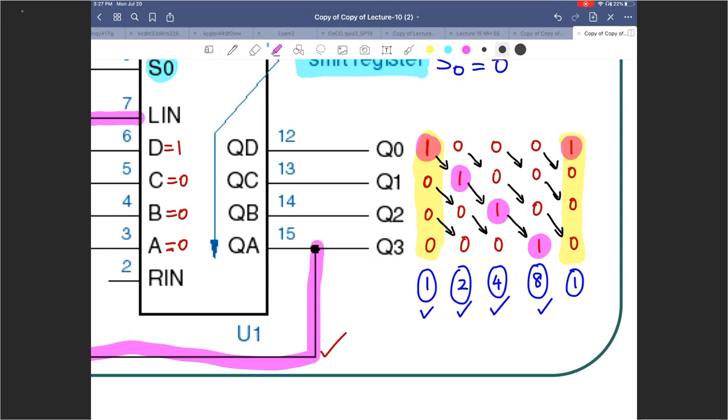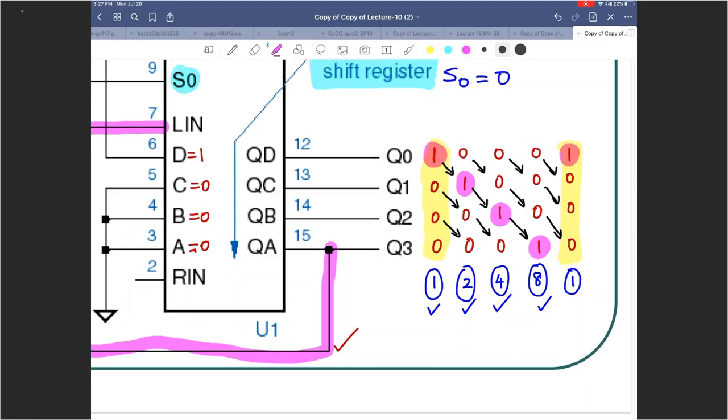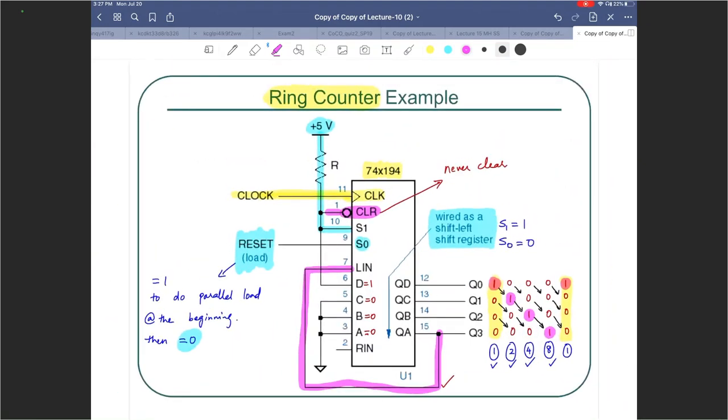If it accidentally becomes a 0, your counter will forever be stuck at 0. It will never go anywhere. It will be stuck at 0. So if you have an error in the 1, you have a major problem then. It will never come out of that 0 state.